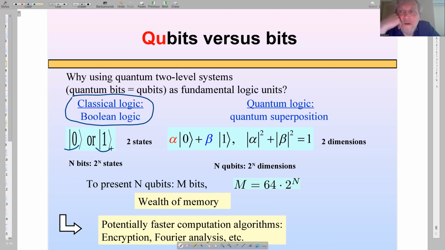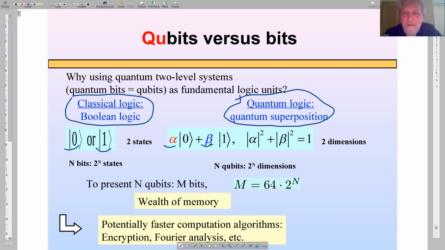As far as quantum logic is concerned, a qubit is also a two-level system, but it's quantum mechanical. What does it mean? It doesn't have to be in one of the states, 0 or 1. It can be in an arbitrary linear superposition of the states with coefficients alpha and beta, which in terms of computers are floating point numbers, eventually continuous numbers.